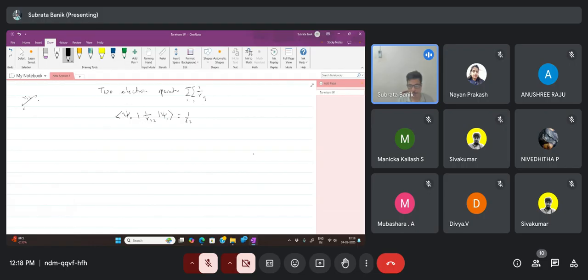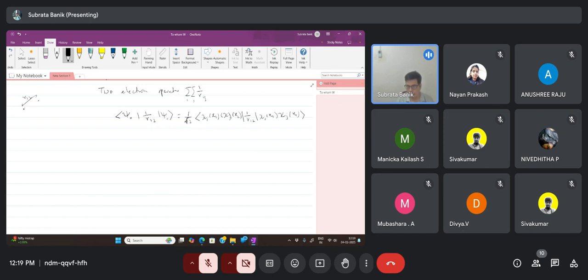Remember, we have written like this, chi i of x1, chi j of x2, which is just writing the determinant.